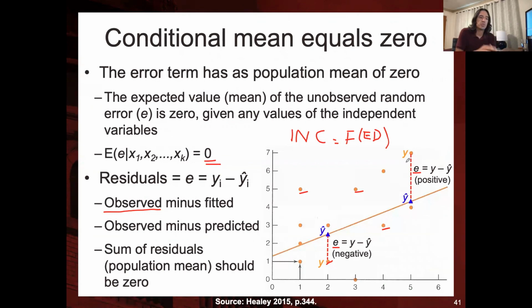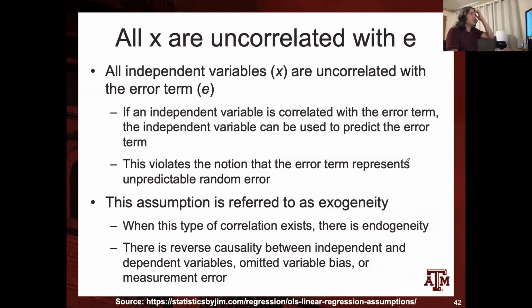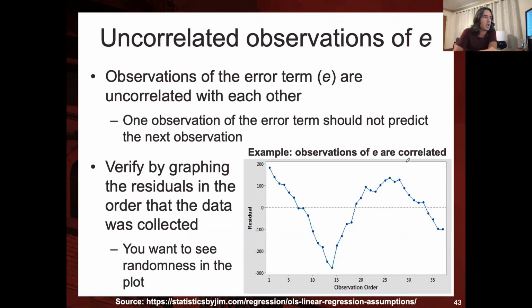That's another assumption that we have. Another one is that my independent variables are uncorrelated with the error term, and you can go into more detail on this later. Each one of my error terms is not correlated with the one collected right after it.